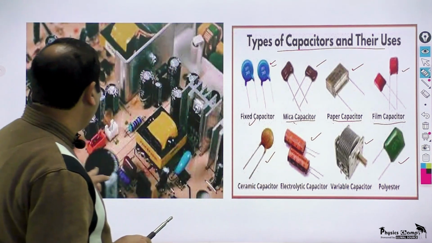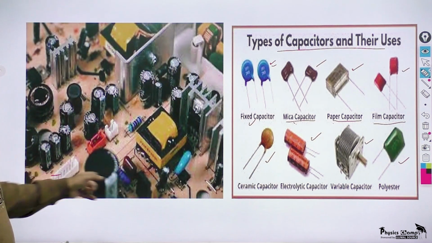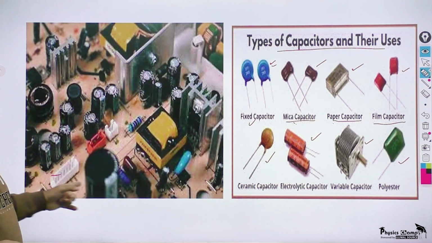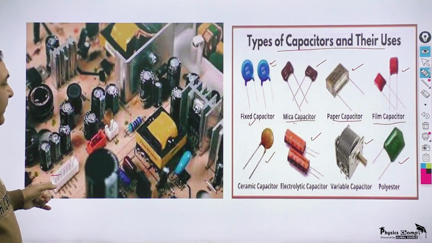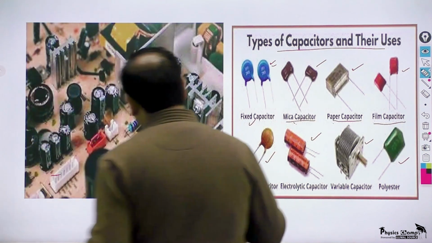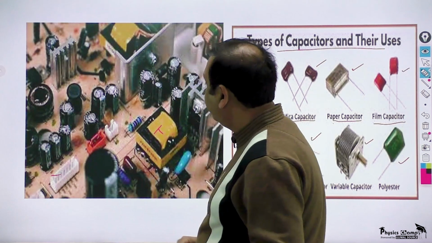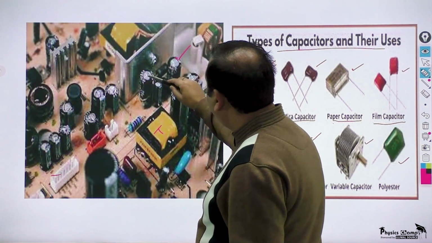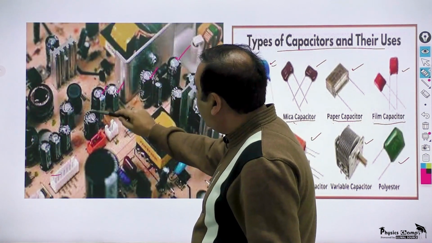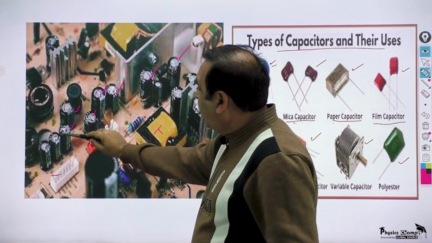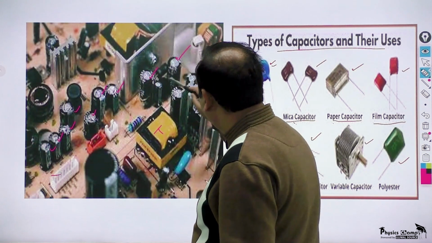And here you can see, this is the picture of one of the electronic circuit plate, and there you can see here is the transformer, and all these are capacitors that are fabricated in the circuit.